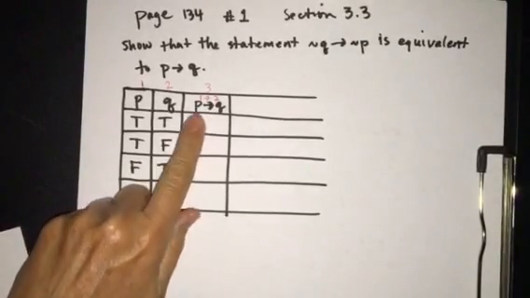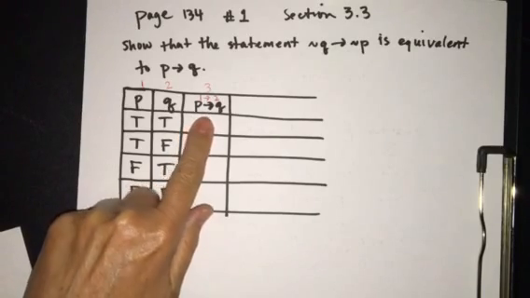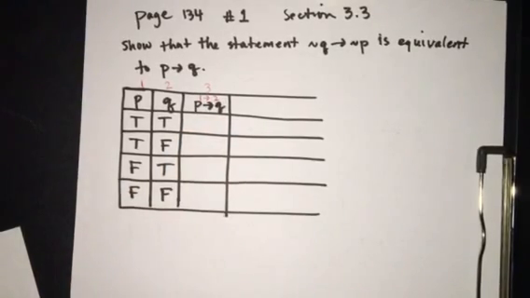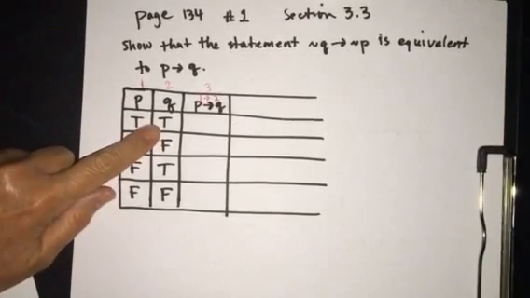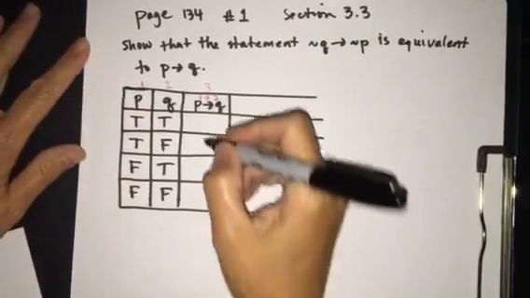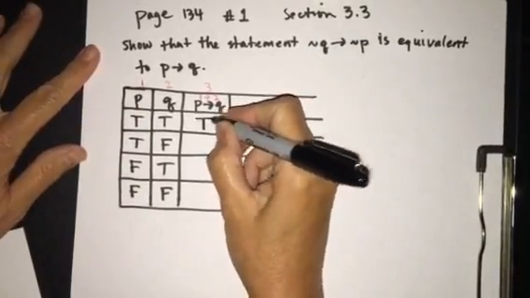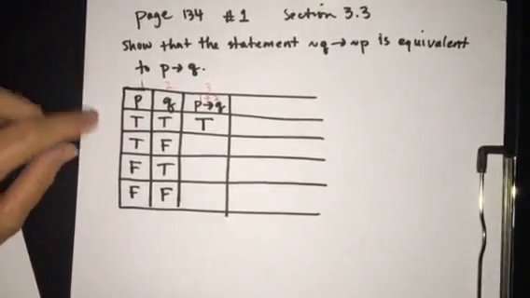P then Q is, if I get paid tomorrow, then I will give you $10. In the first case, P is true, I got paid. Q is true, I gave you $10. I did not break my promise, that is true.